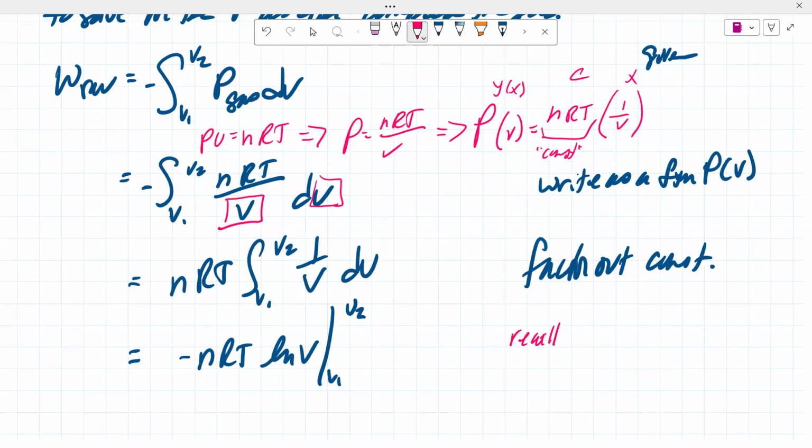Recall that the integral of 1 over x dx equals ln x. That's where that came from. So this is just a constant times the integral of 1 over x. The variable is called v here, dv, with respect to v, and that's ln of x. Great. So that's solve the integral.